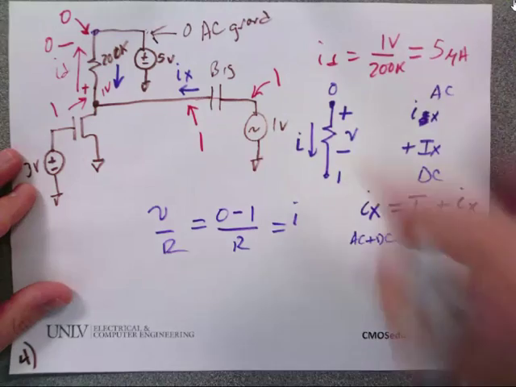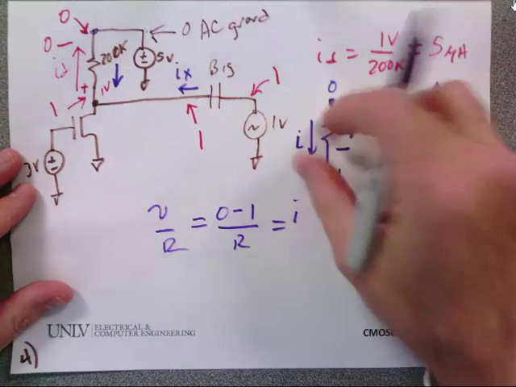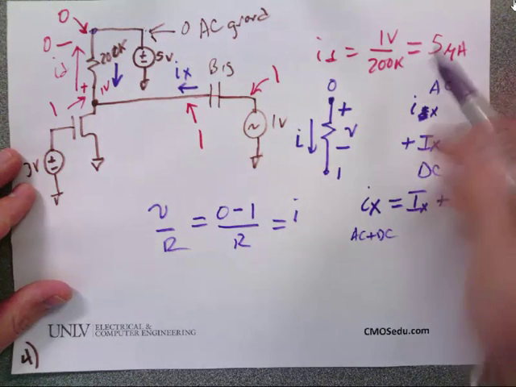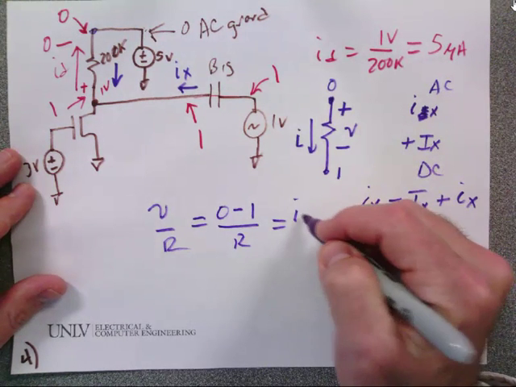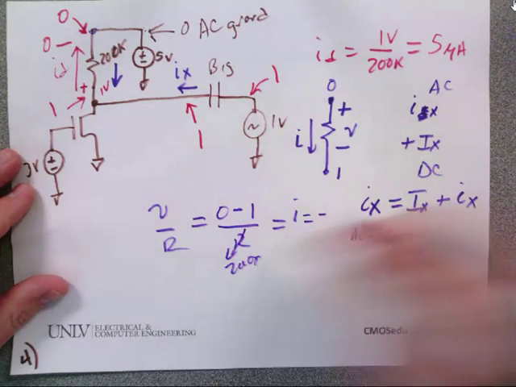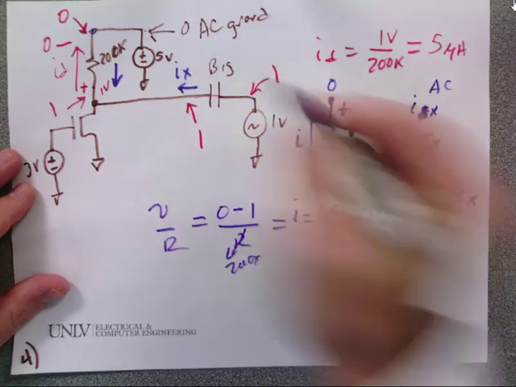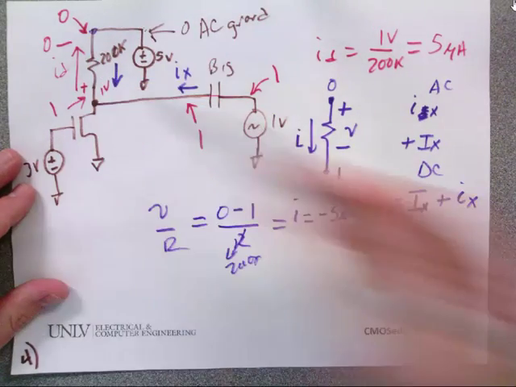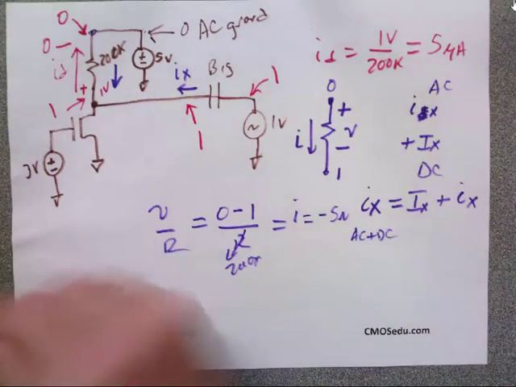That's in my brain. If I flip one of these variables around, I know it's negative, and I just flip it back and call it minus. And what is that equal to? Minus, in this case, 200K. Minus 5 microamps. So if I define the current going down, then the current that flows is minus 5. Questions?